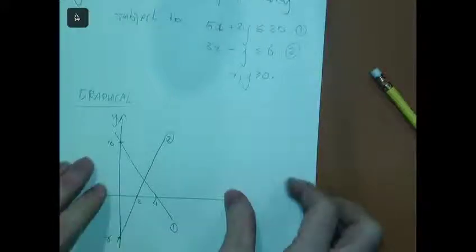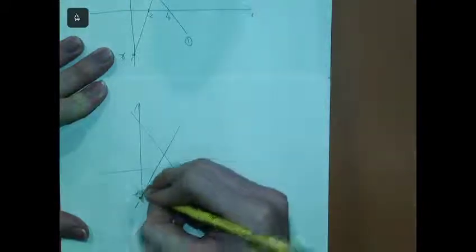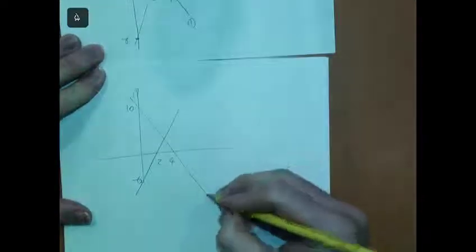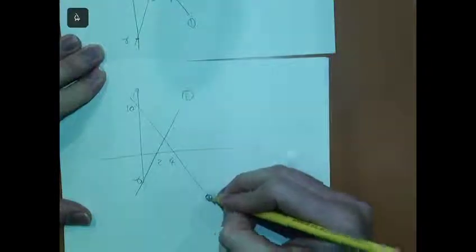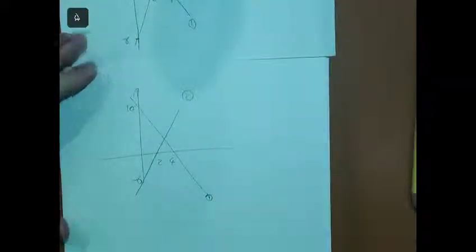So what I normally do is I draw a different diagram and I cross out the bits I don't want. I pick a point that's not on the line, and if that point, when I put it into the inequality, comes out true, then that's the correct side of the line, and if it comes out false, then that's the wrong side.